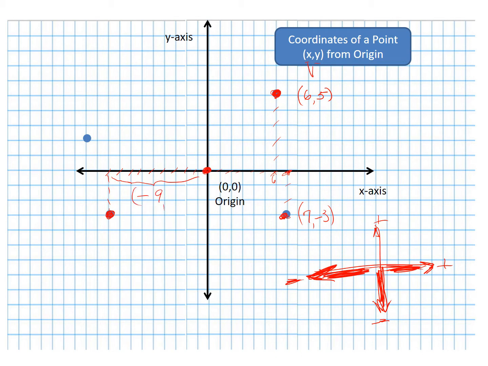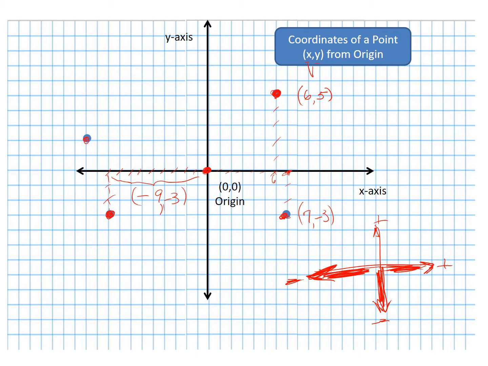That's the first coordinate. Then from here I go down 1, 2, 3, so the coordinates of this are (-9, -3). Both are negative because I went left and down, which are the 2 negative directions.